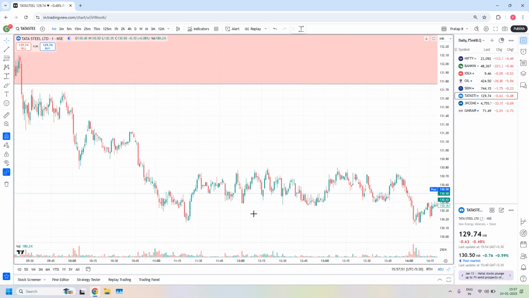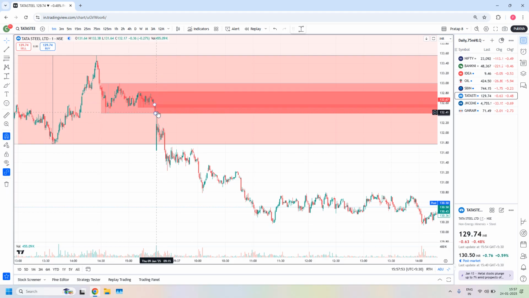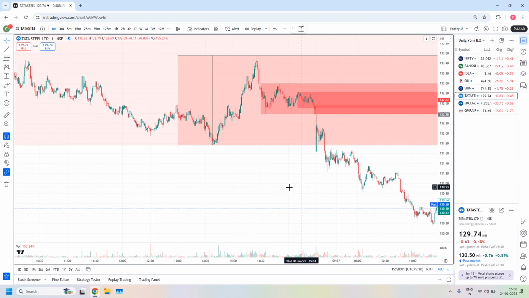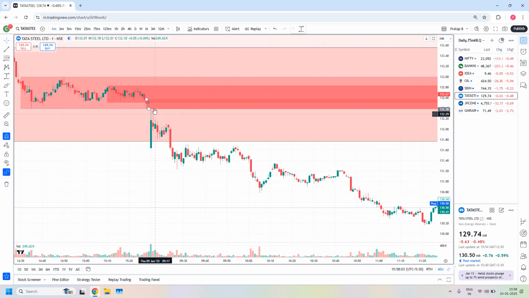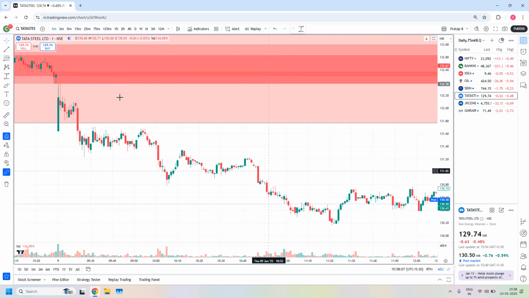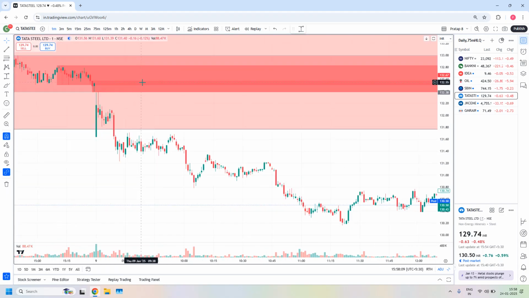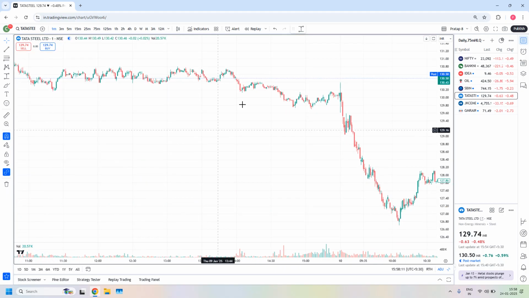See how it went. That means this is the area that pushed this entire move, because this is the high liquidity area. This drop-base-drop is the origin for this entire movement, and that origin has a strong institutional order flow.